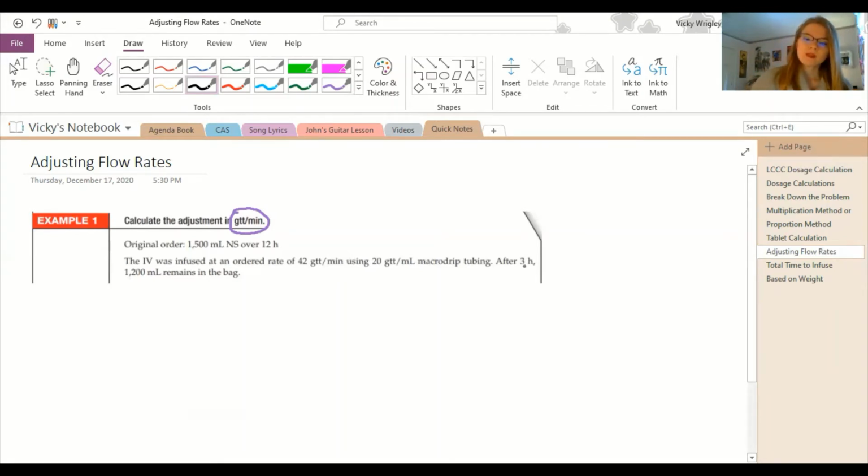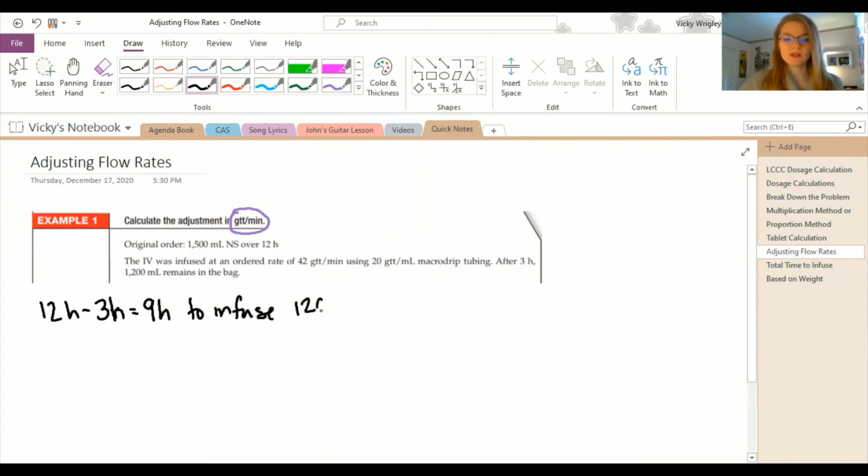So 3 hours have passed since we started, which means we have 9 hours left to infuse 1,200 milliliters. So that's our new desired dose. That's our order.